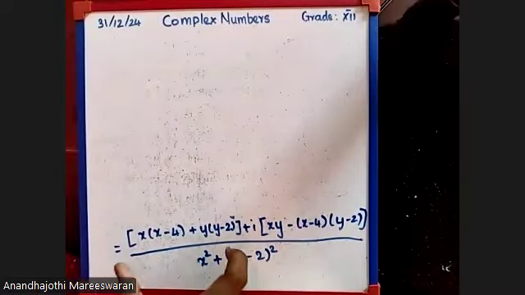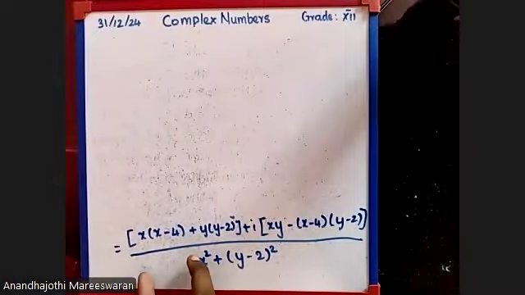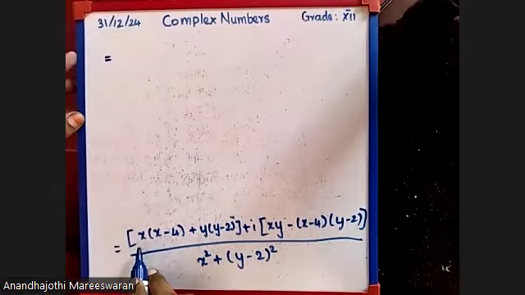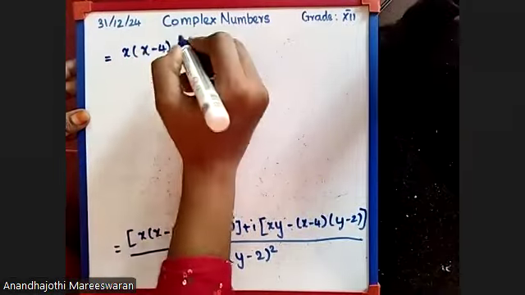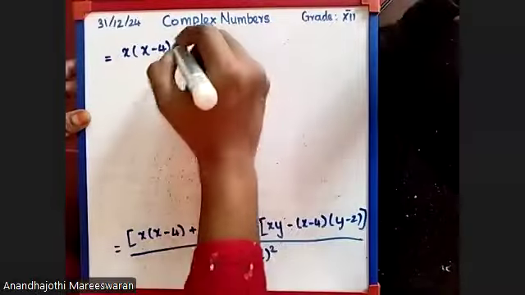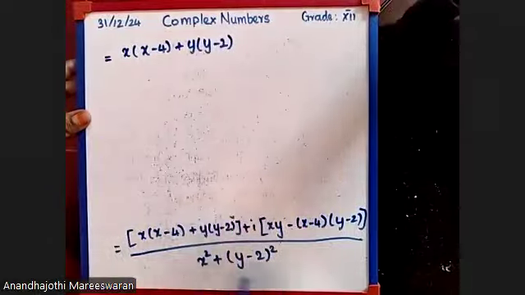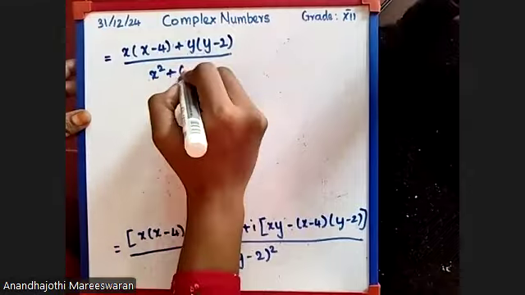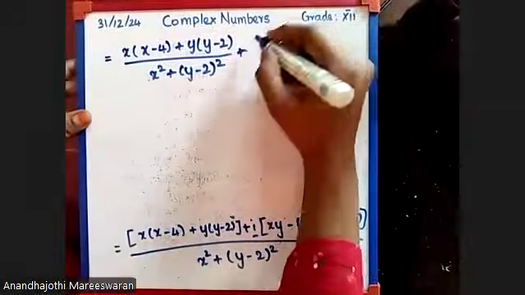So we have two terms, the real part and the imaginary part. Both have a common denominator. So I'm going to separate this denominator to this one and to this one, right? Shall we write it down separately? Yes. What we have here? x multiplied by x minus 4 plus y multiplied by y minus 2 divided by x squared plus y minus 2 the whole square, plus, here's the imaginary part, right?